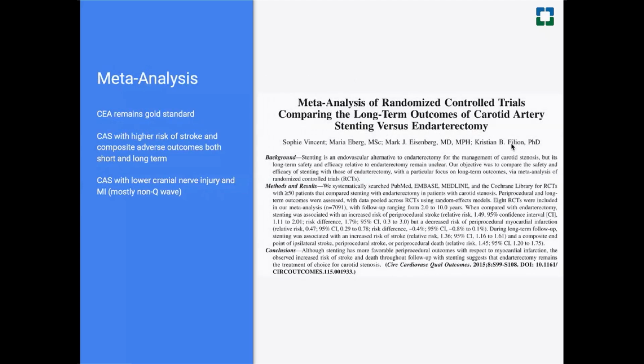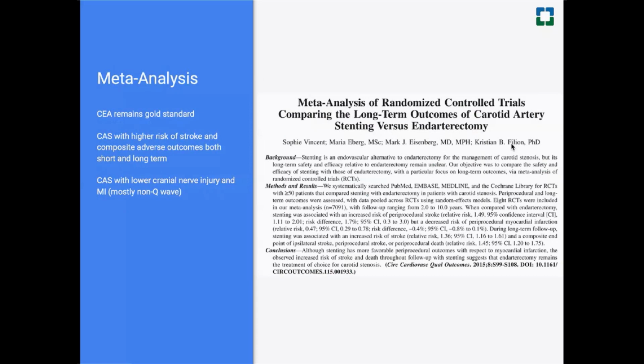A meta-analysis of all randomized controlled trials was done and published in Circulation, and basically it concluded that endarterectomy remains the gold standard, for the particular reason that carotid angioplasty and stenting had a higher risk of stroke and composite adverse outcomes, both short and long term.